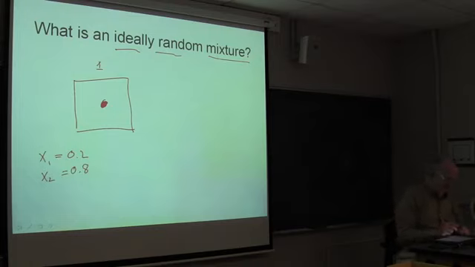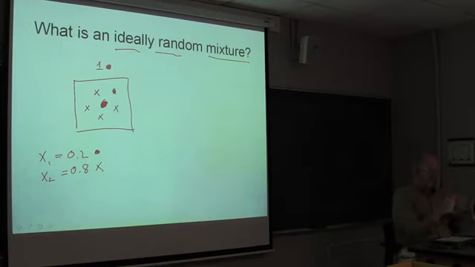Well, in this mixture, on average, each molecule of type 1, that's that guy, would be surrounded by 4 molecules of type 2 and 1 molecule of type 1.